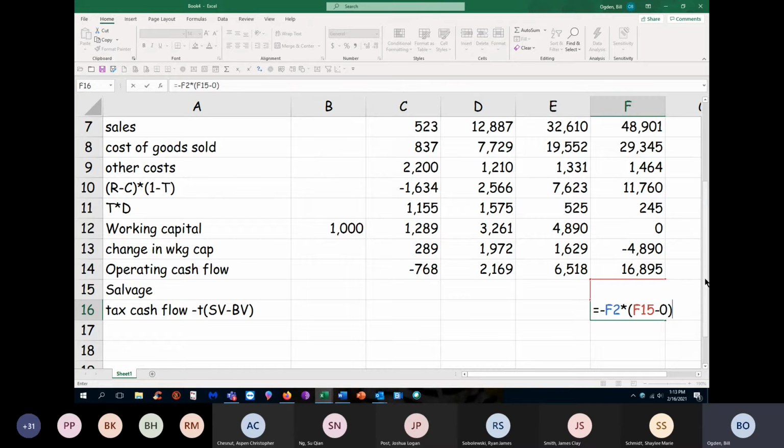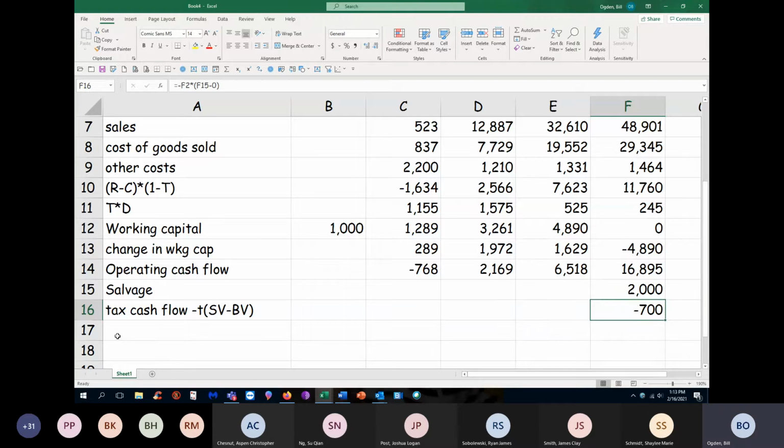It might appear that I'm taxing the entire salvage value. Well, I'm not. I'm taxing the gain over the book. In this case, it is the whole amount, but that's not always true. We'll see that in an upcoming example.